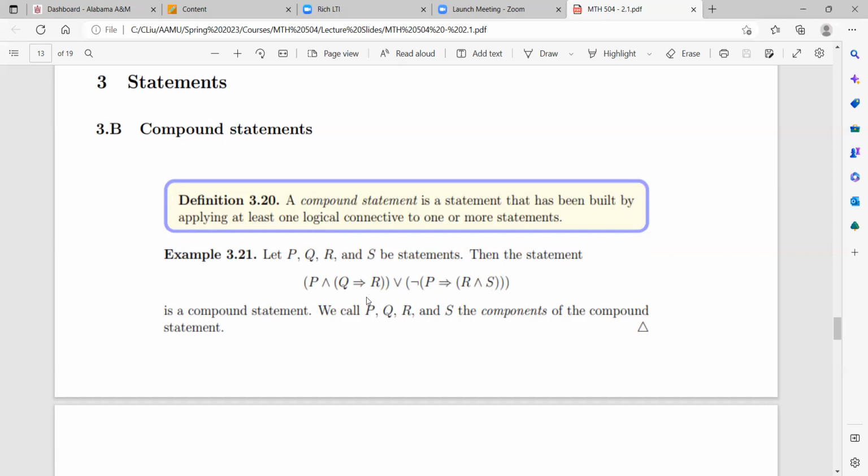So we have 1, 2, 3, 4 logic connectives and 4 statements. But as a whole, it still makes one compound statement. And we call P, Q, R and S the components of the compound statement. Each individual statement in this expression is called a component.